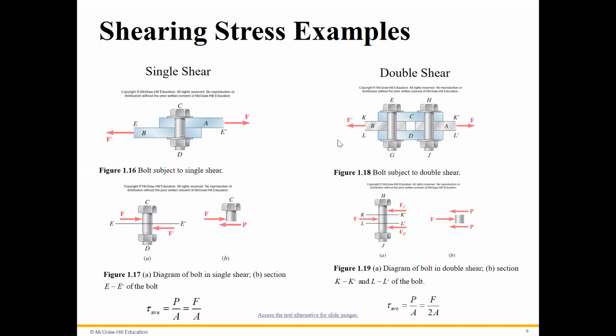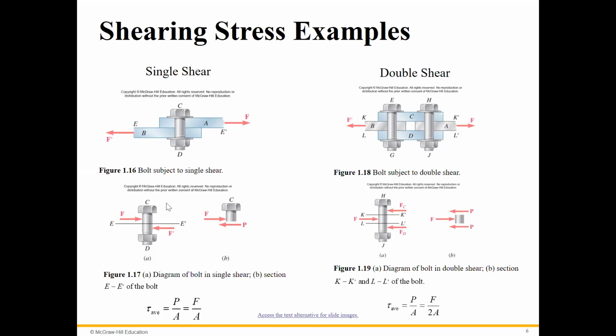But if you compare with this application, if you apply the force here, then this force goes to these two plates, right? These two forces are from these two plates, and then it makes two sections of the shear. This one is called double shear, right?